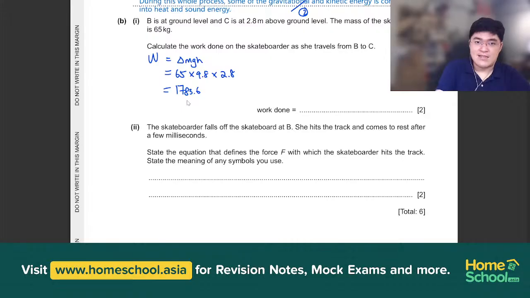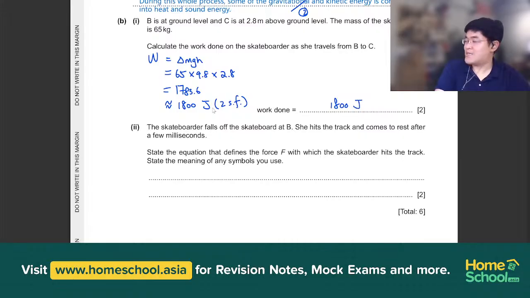So let's take a look at our third significant figure. It's 8. 8 is greater than 5. So we round 7 upwards. And thus, we get 1800 joules, which is in 2 significant figures. Of course, over here, please make sure to write your units properly.